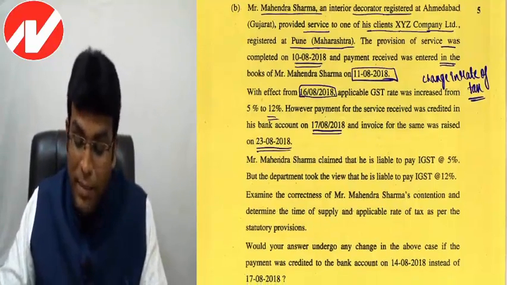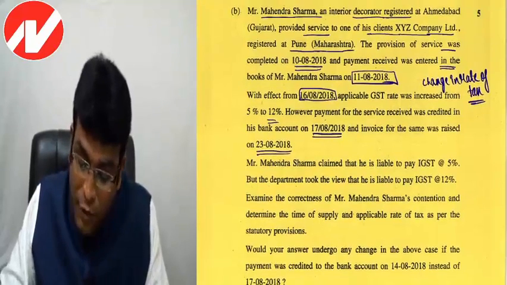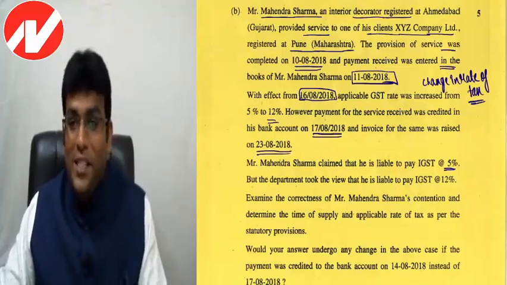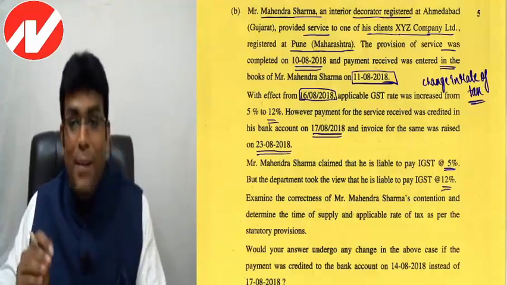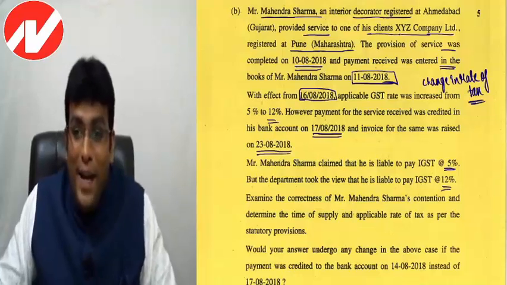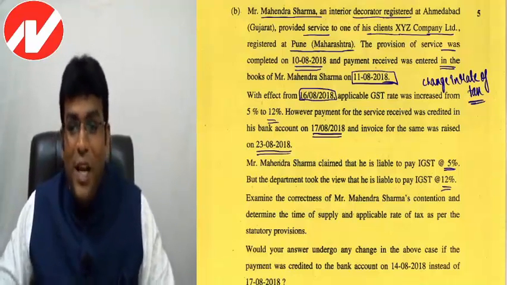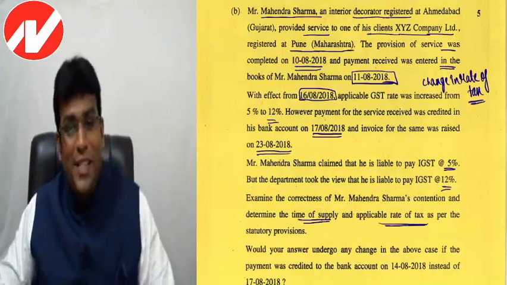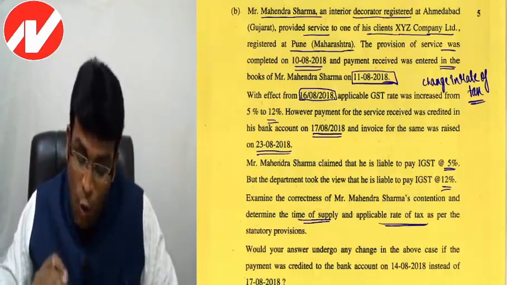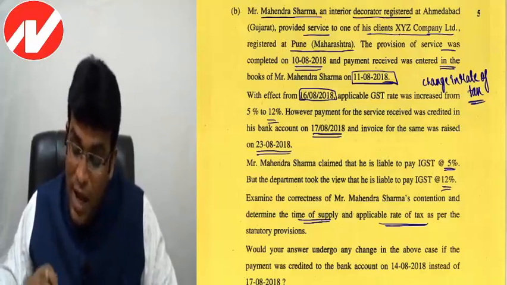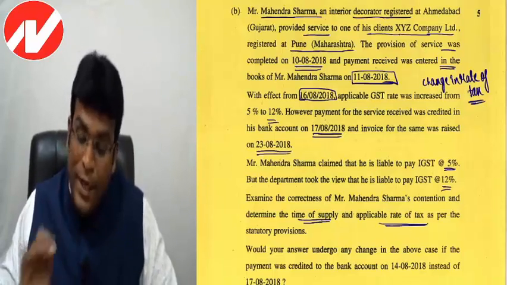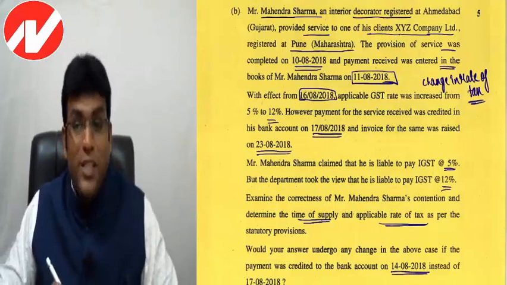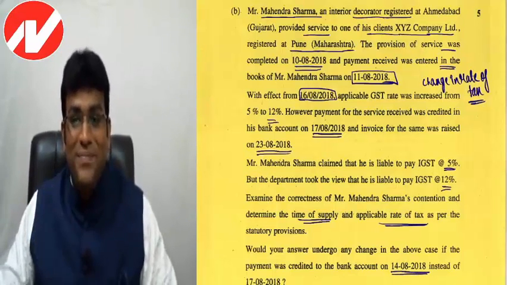Mahendra Sharma claimed that he is liable to pay IGST at 5%, but the department took a view that he is liable to pay IGST at 12%. Examine the correctness of Mahendra Sharma's contention and determine time of supply and also rate of tax. Would your answer undergo any change in the above case if the payment was credited to the bank account on 14th August instead of 17th August?